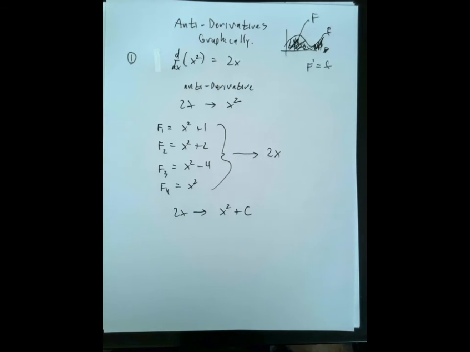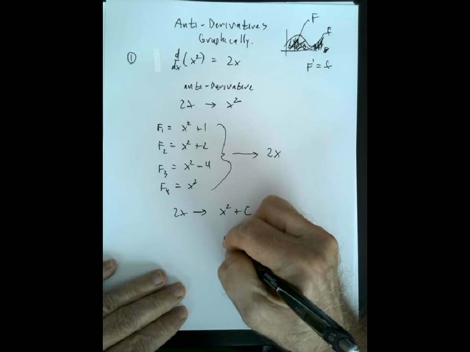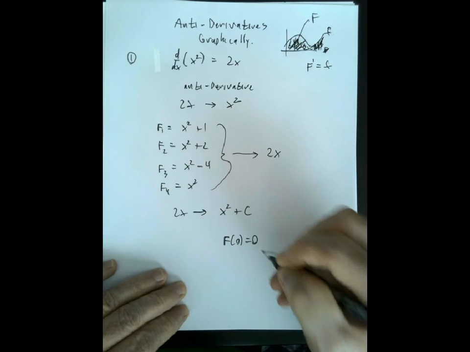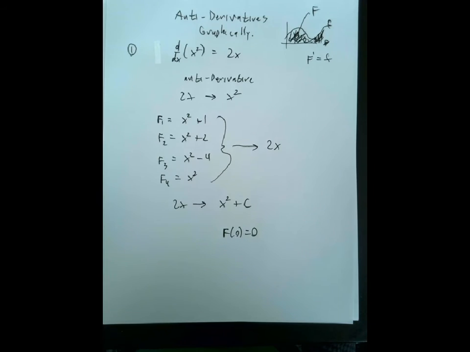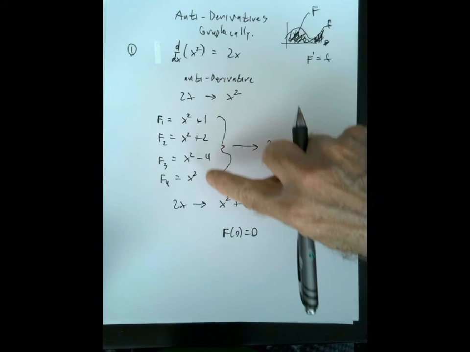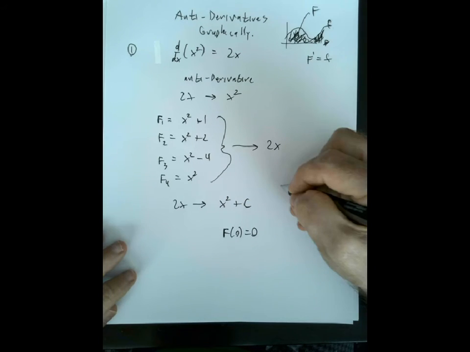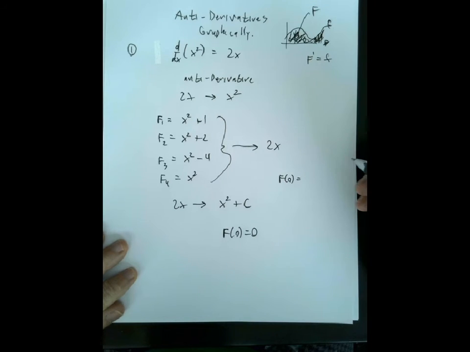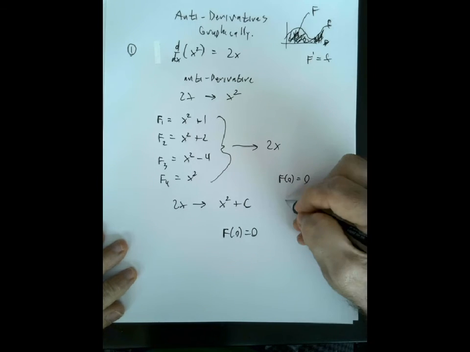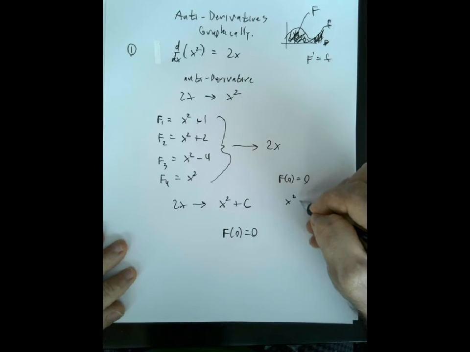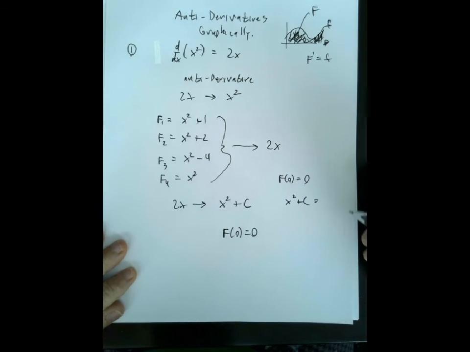Now, we might be able to tell which one if we're given something about the capital function F. For example, if for some reason we knew that F of 0 was equal to 0, well, that might allow us to pick which one of these is correct, because x squared plus c, when x is equal to 0, would have to be equal to 0.